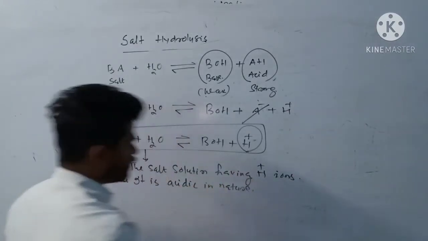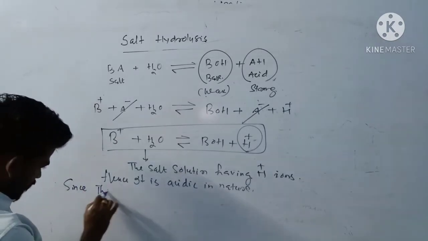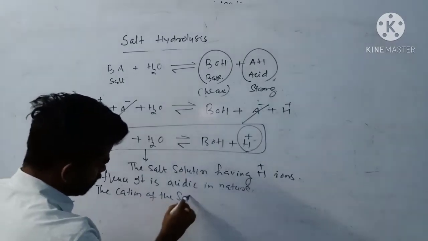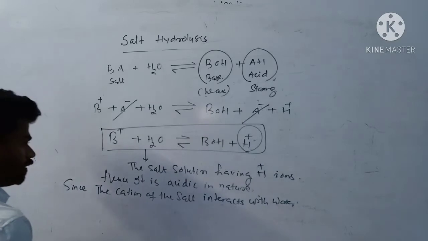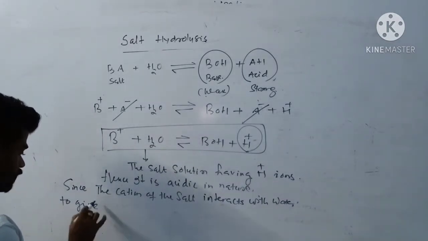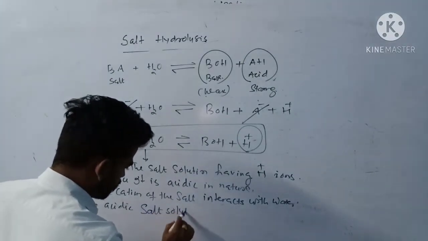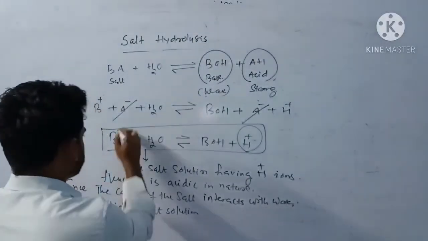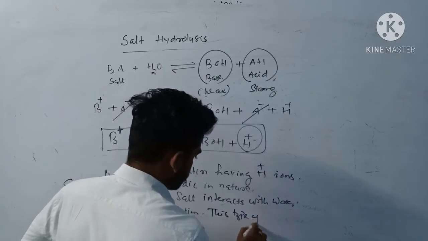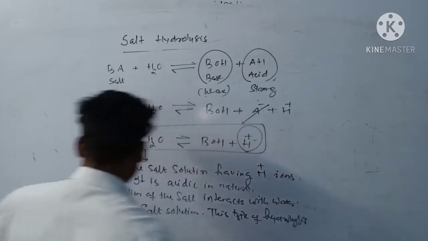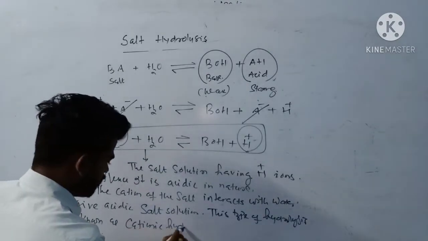Since the cation of the salt interacts with water to give an acidic salt solution, this type of hydrolysis is known as acidic hydrolysis, or you can say cationic hydrolysis.